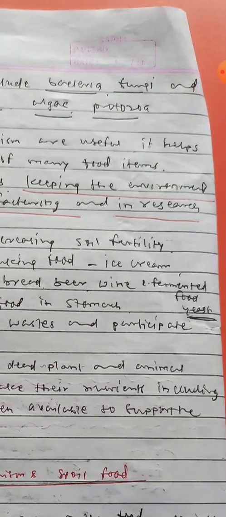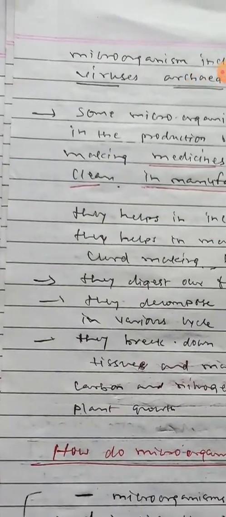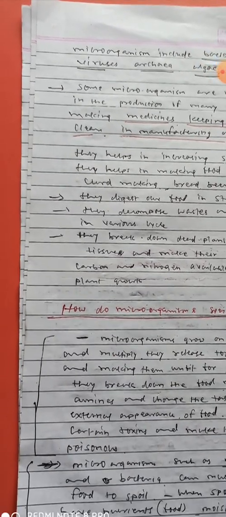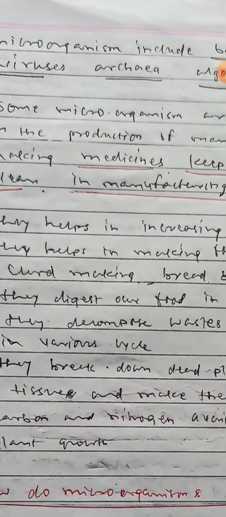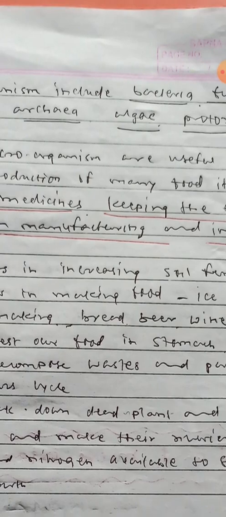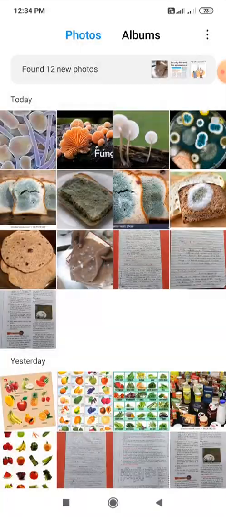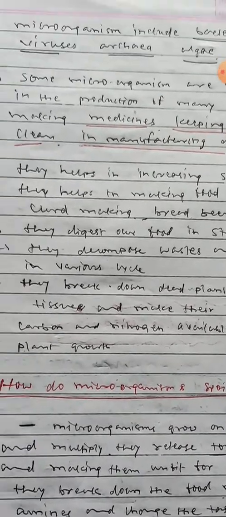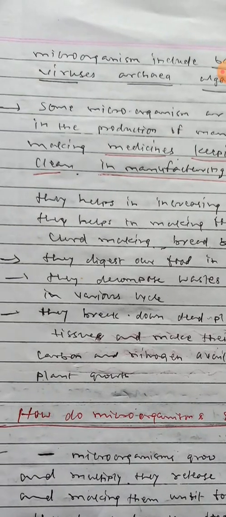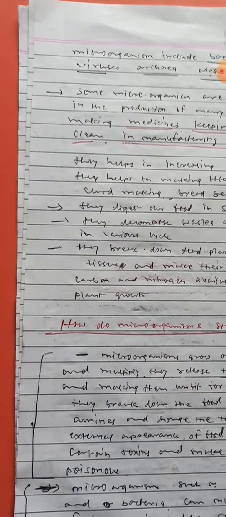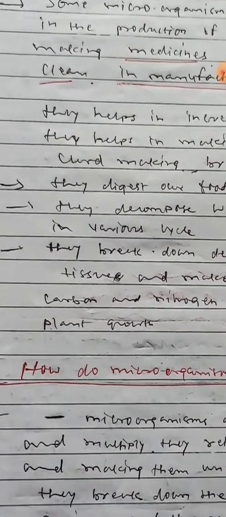Microorganisms are used in keeping the environment clean. In the last topic I said that some bacteria decompose things and that's why they clean the environment. And you studied that some azotobacters are there, and how these bacteria capture the nitrogen.